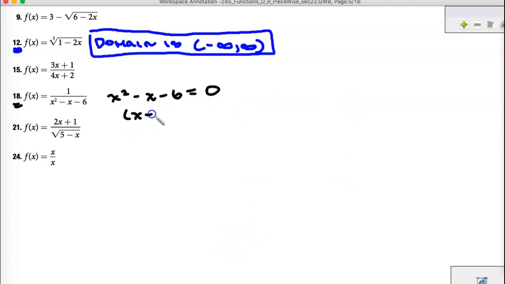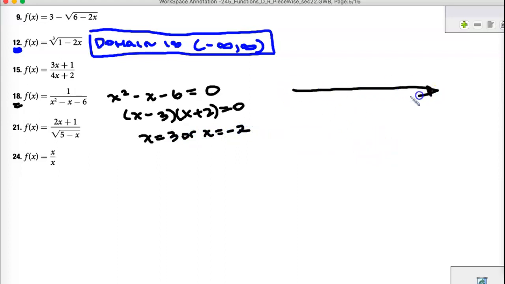Well, x minus 3 times x plus 2 equals 0, and therefore x would be 3, or x would be negative 2. On a number line, you have open circles because they're not included, but everything is shaded here and in between and here.